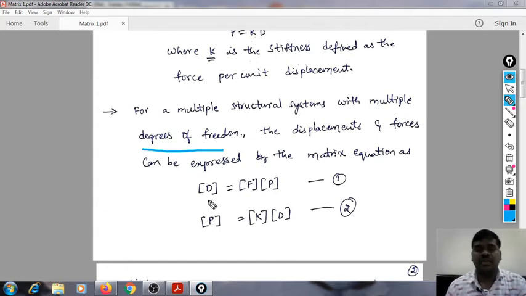D is equal to F into P and P is equal to K into D. In the same manner, for multiple things, this can be expressed in terms of matrices. The brackets denote matrices. So displacement matrix is equal to flexibility matrix into load matrix, and load matrix is equal to stiffness matrix into displacement matrix.